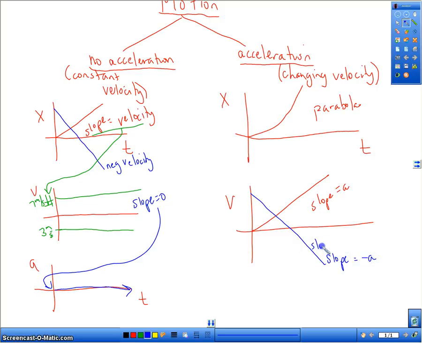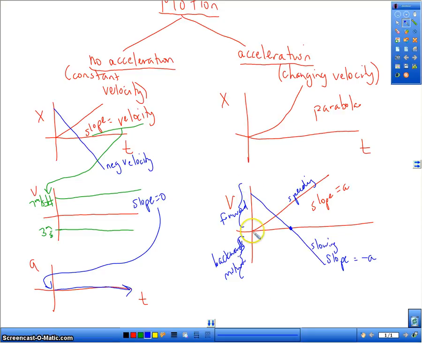So this would be slowing down, and this would be speeding up, more or less. However, what this is, is slowing down to 0 and then speeding up in the opposite direction. So these numbers represent backwards motion. And up here, this is what we call forwards motion.